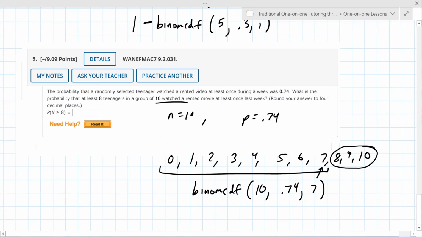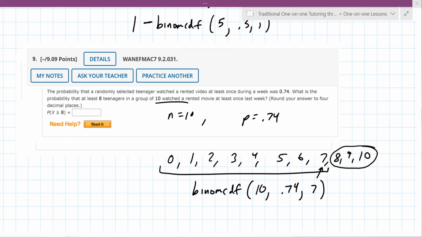So it's always just one behind whatever they're asking for. The truth though is that's because it's a greater than or equal to. If it's a greater than 8, it's something different. Gotcha. And I still subtract from 1, correct? Yes, that's the last little thing there. Okay.